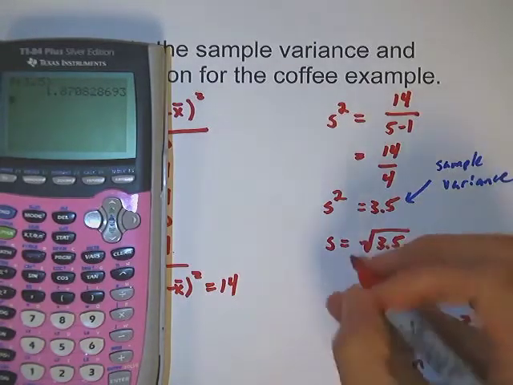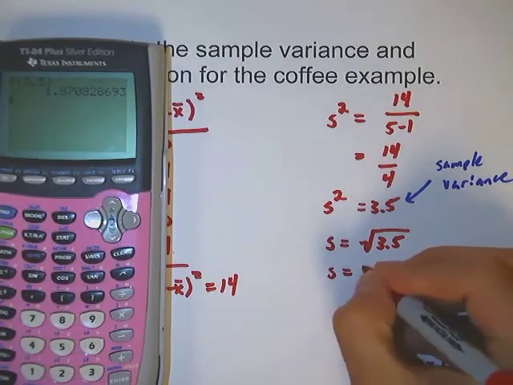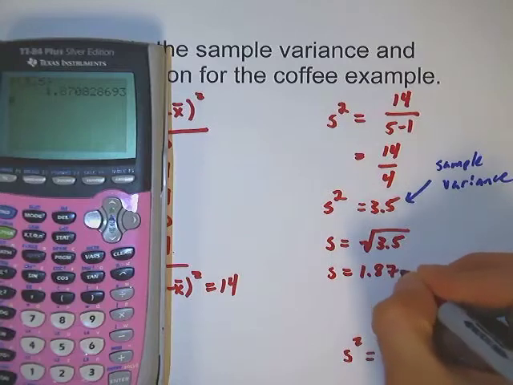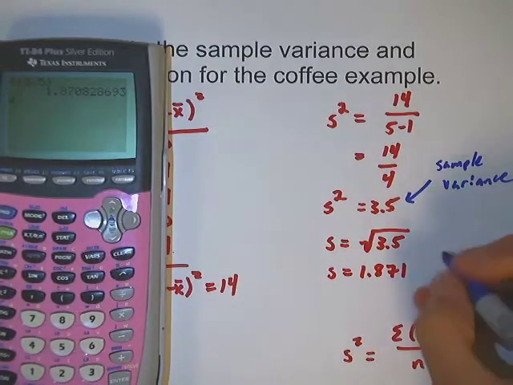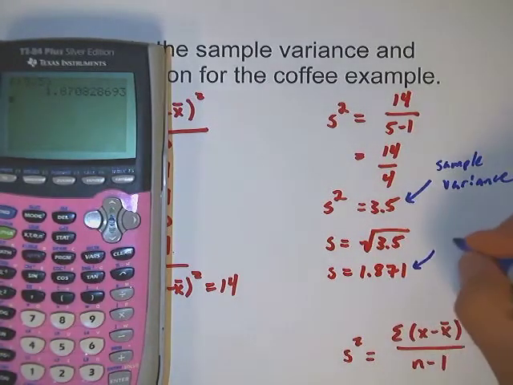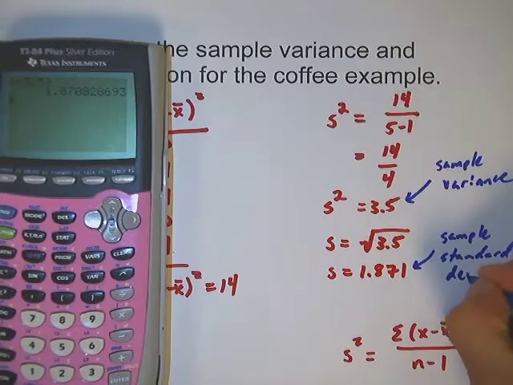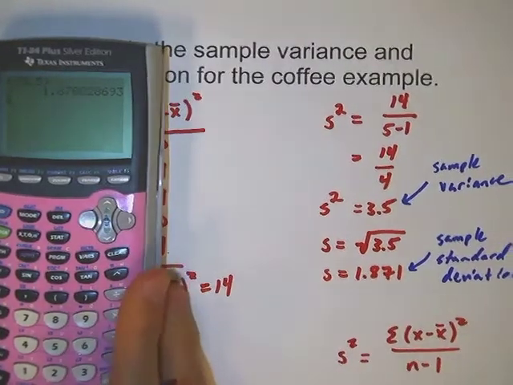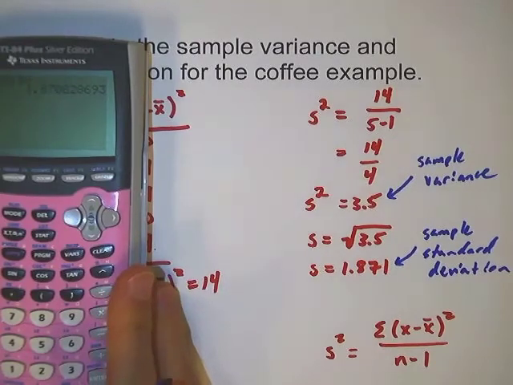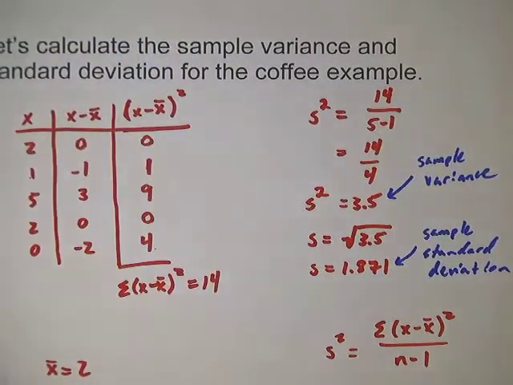So S here is 1.871. So this value is our sample standard deviation. Okay, so once you find your variance, you can always just take the square root of your variance to get your standard deviation. Okay, so that is your process in finding a standard deviation.